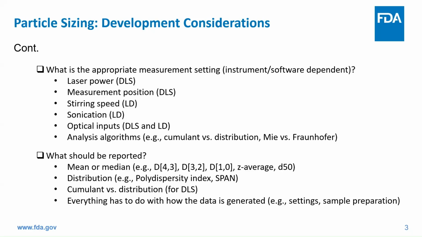But by adjusting these 2 parameters, you can actually make 2 materials that are different look the same. So it's really important that you know how those few parameters impact the results.